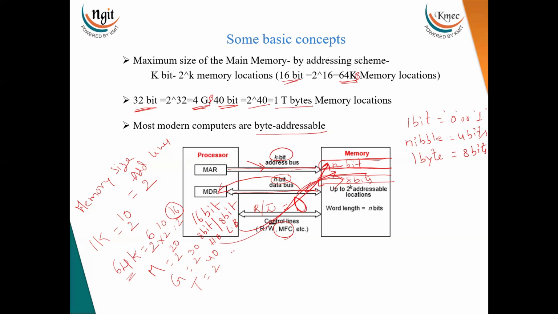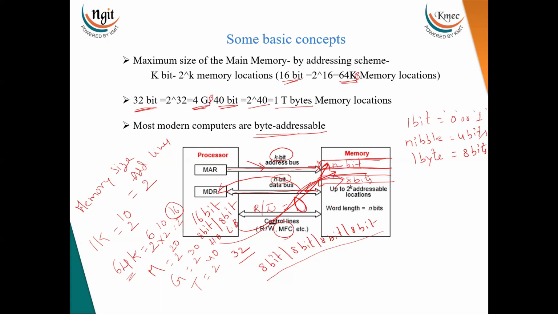If the processor is a 32-bit processor and wants to store data into byte-addressable memory, then these 32 bits will be divided into four groups of 8 bits, stored in 4 consecutive memory locations, but the processor places only the address of the starting location.